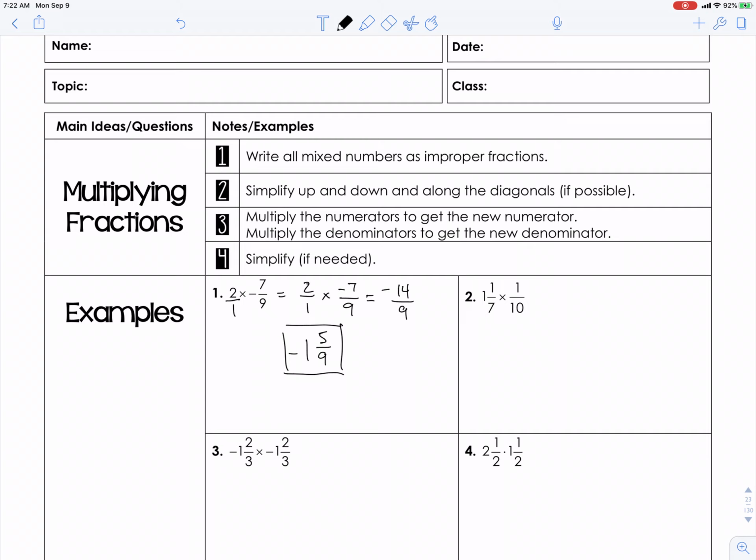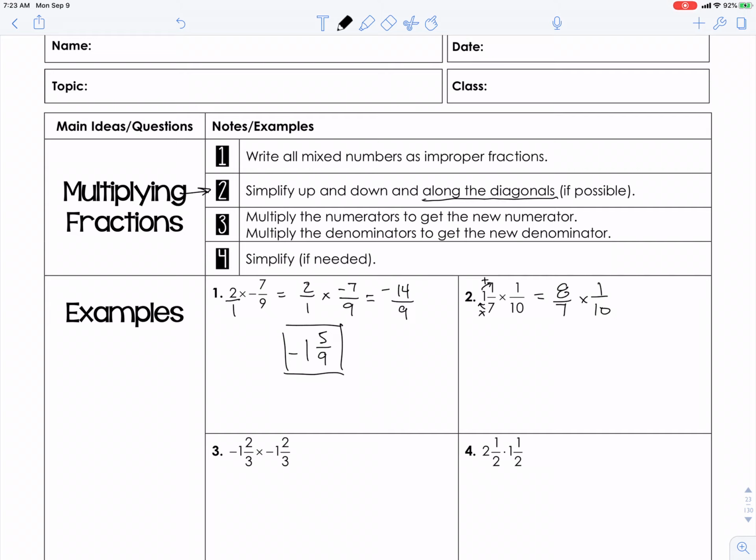Example 2. Remember, multiply and then add. 7 times 1 is 7, plus 1 is 8. So I end up with 8/7 times 1/10. Now, here's the kind of cool thing. Neither one of those fractions can be reduced the way they're written, but if you go back up to number 2, it says, and along the diagonals.